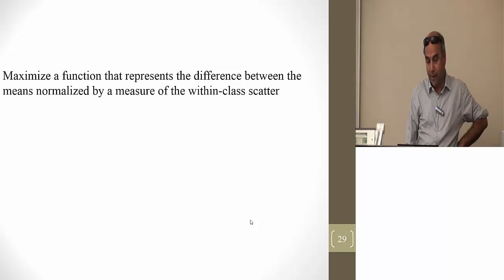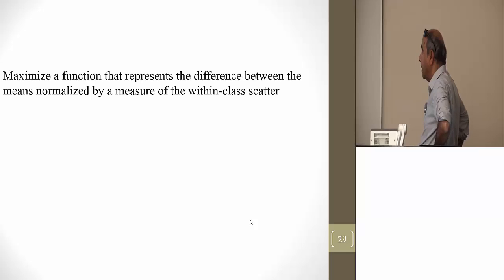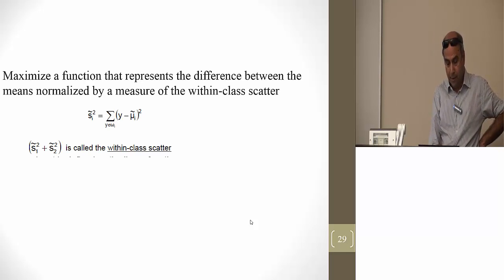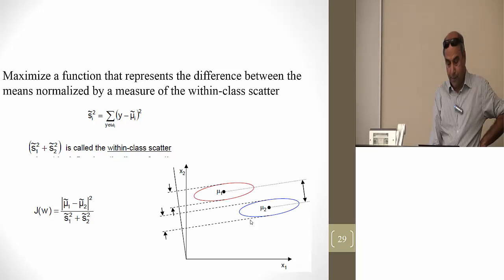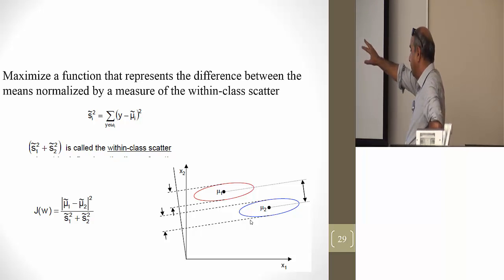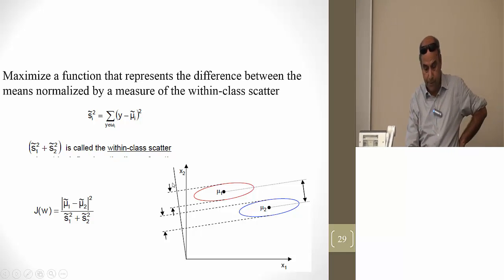Now, in addition to that, if we look at the standard deviation, what is called within class scatter, and normalize with that, that will help us. So in this figure, those are the same, person 1, person 2, the red person and blue person, and there are lots of views there, and we are projecting to this line, which is here.